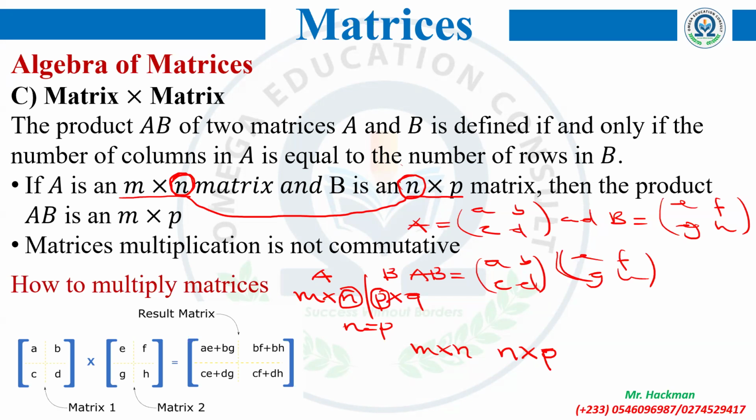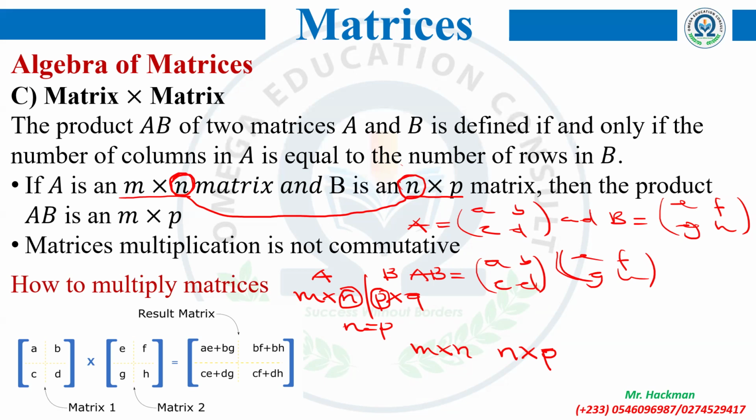If you are adding or subtracting two matrices, addition will be possible when the matrices have the same order. So if you add two matrices of the same order, the order of the result of your addition or subtraction must be the same as the order of the two matrices that you added or subtracted. You remember?